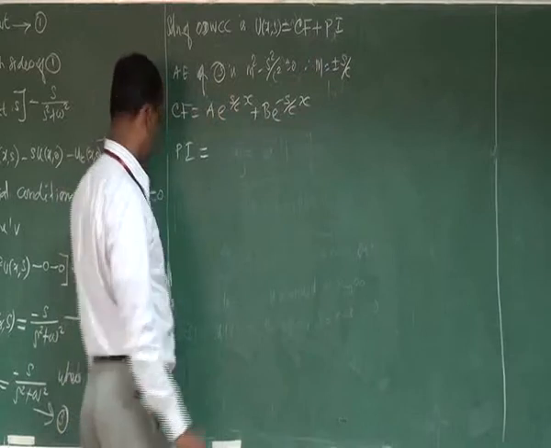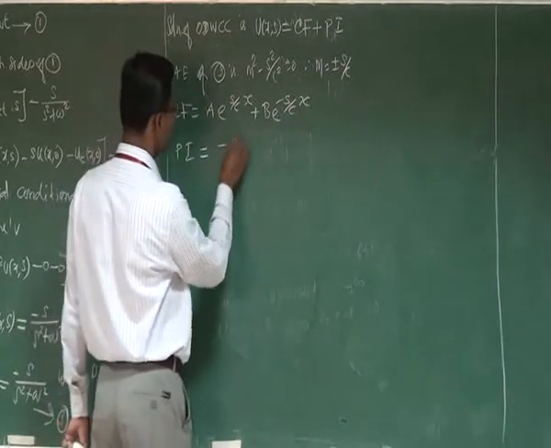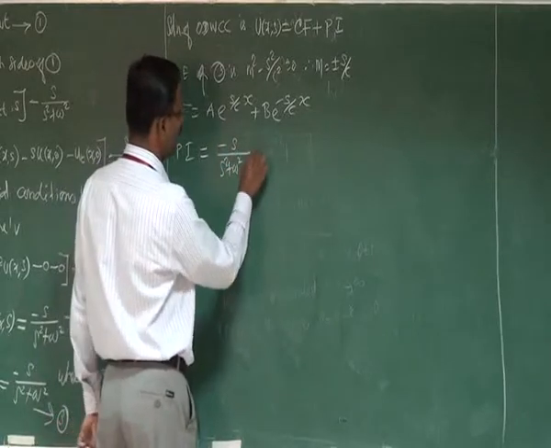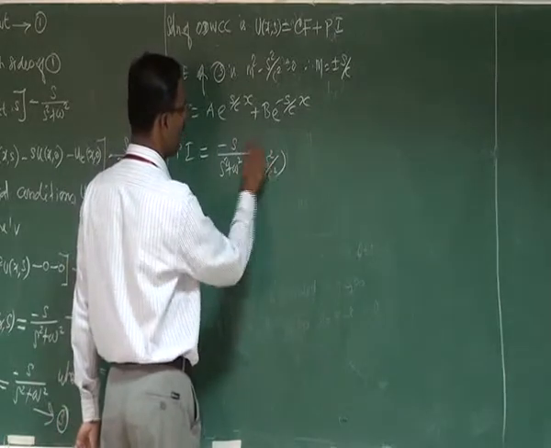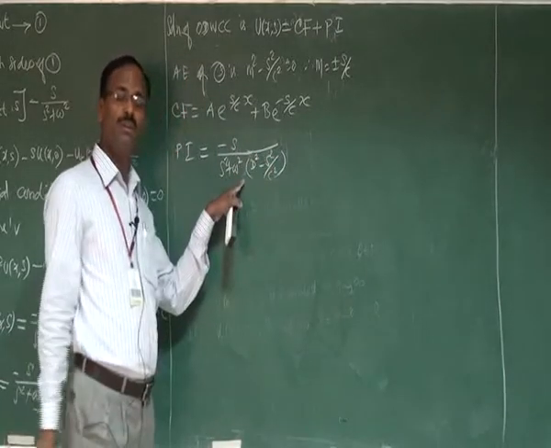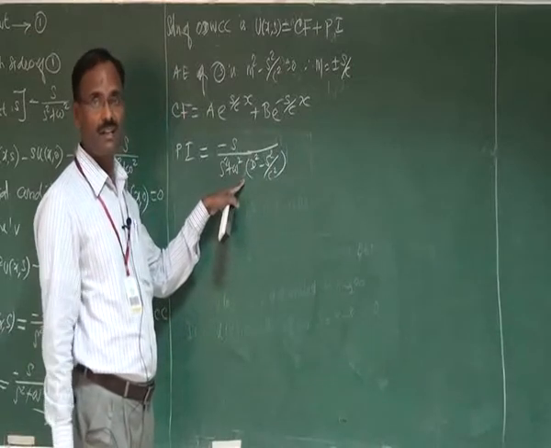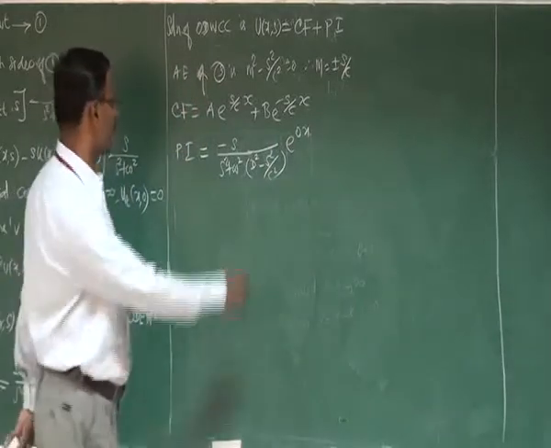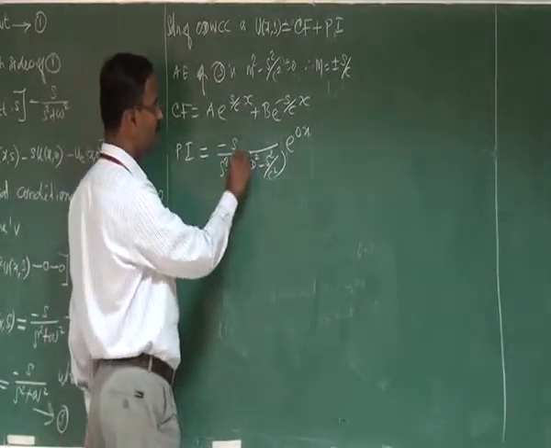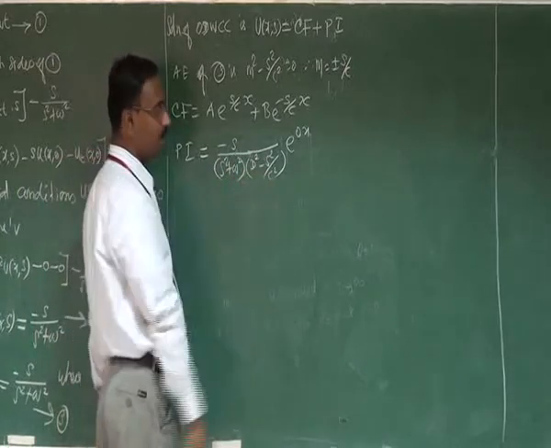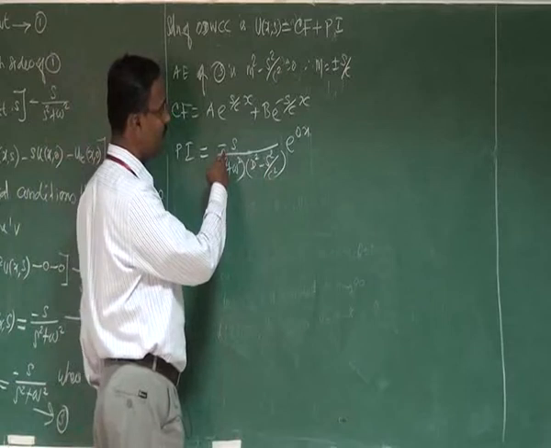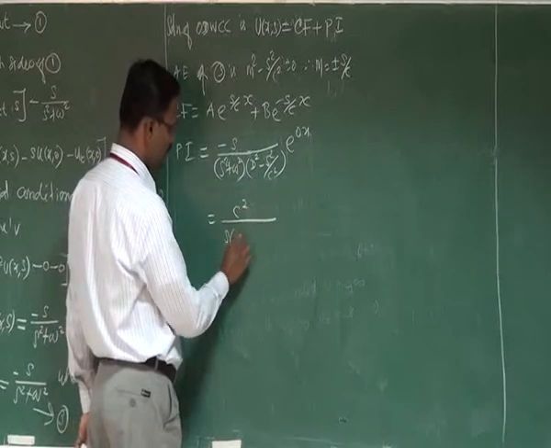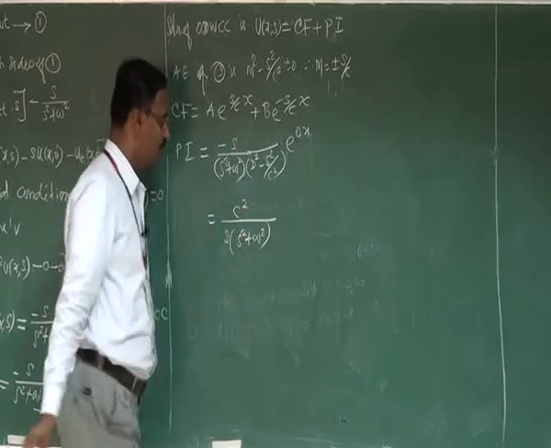The particular integral is equal to, the right hand side, minus of s by s square plus omega square, divided by D square minus s square by c square. Here no term involving x is present in the right hand side, therefore we introduce e power 0x. When we replace D by 0, we get minus s square by c square; minus of minus becomes plus, s and s get cancelled, so the resultant particular integral is c square by s into s square plus omega square.